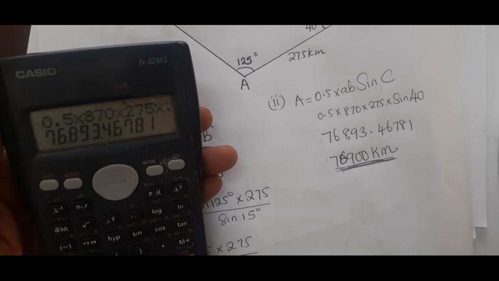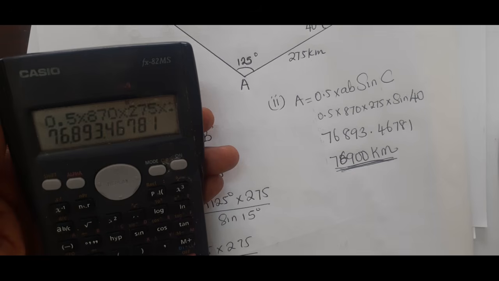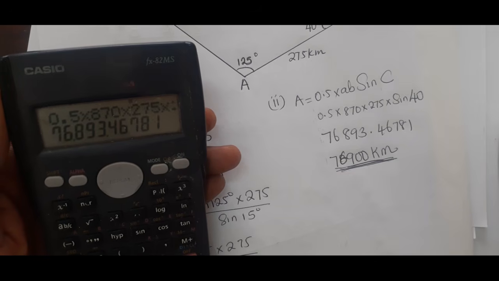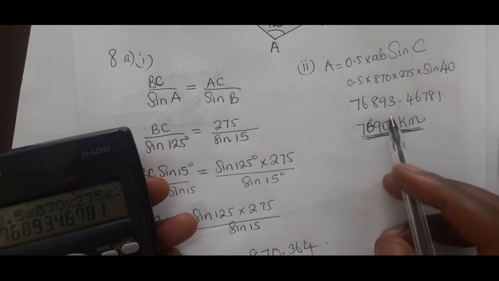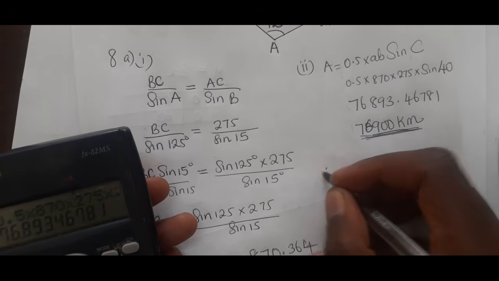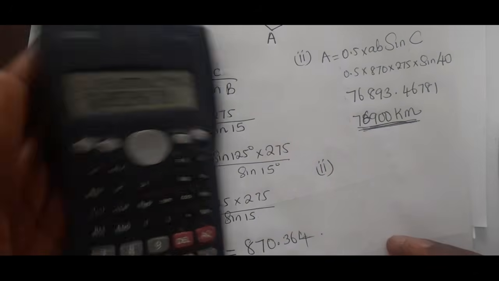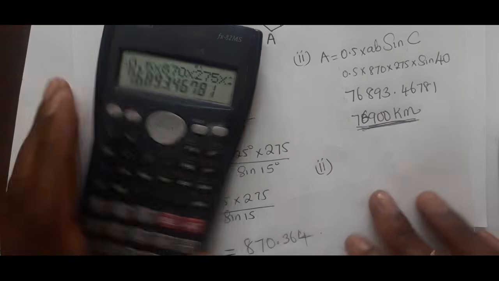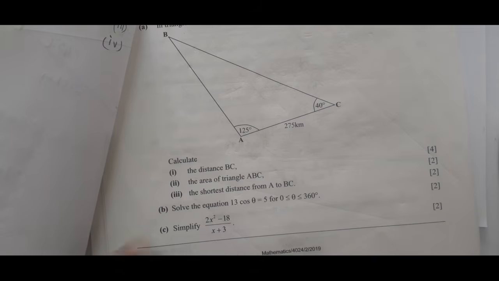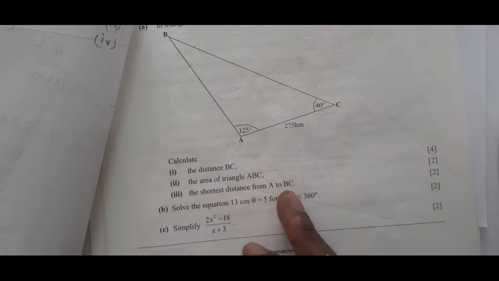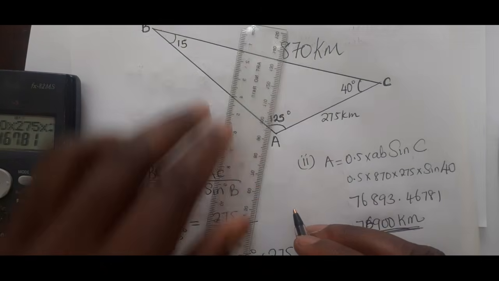Now, from this point, we need to go to this other question that says, find the shortest distance from A to BC.